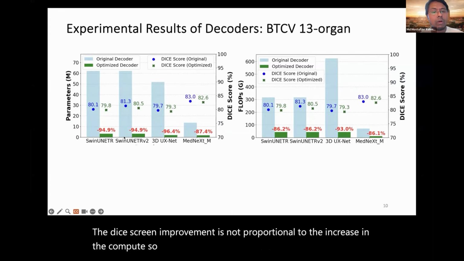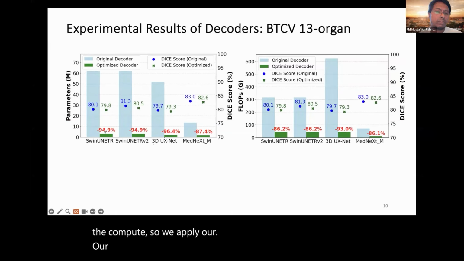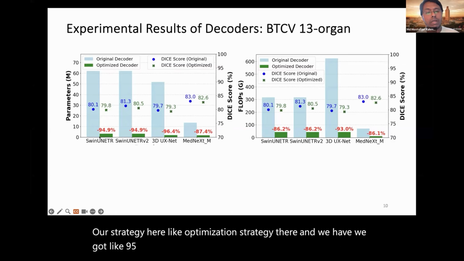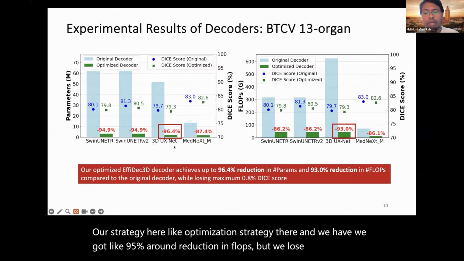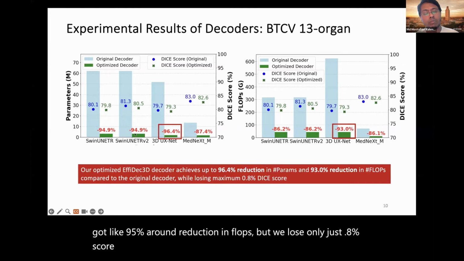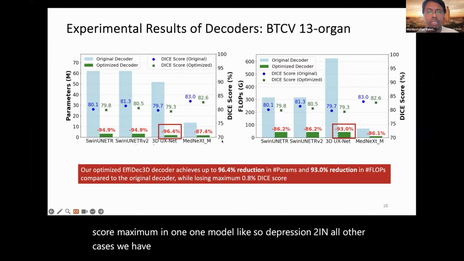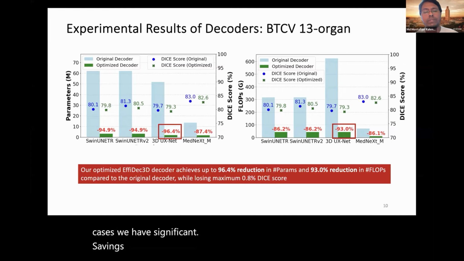So we applied our optimization strategy here, and we got around 95% reduction in flops, but we lose only 0.8% dice score at maximum, in one model, SwinUNETR version 2. In all other cases, we have significant savings with only a 0.34% reduction in dice score.